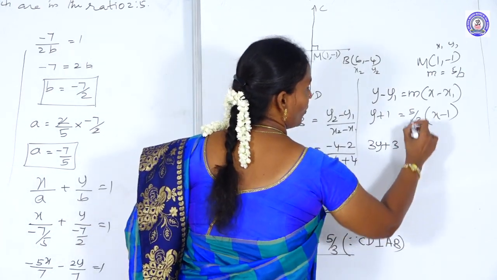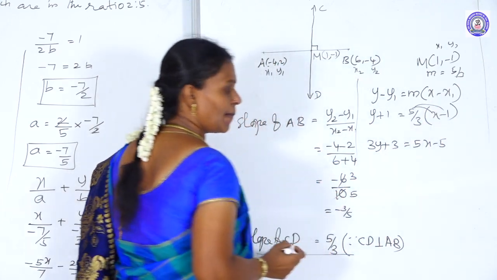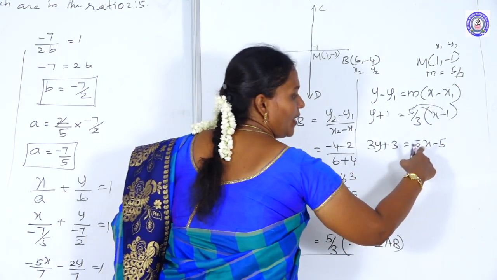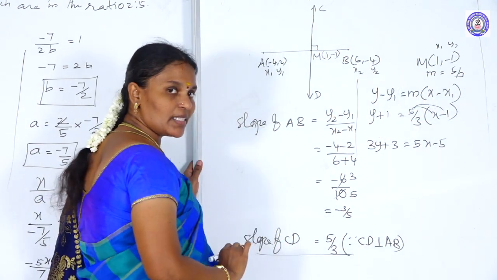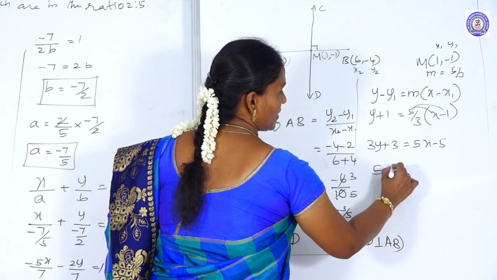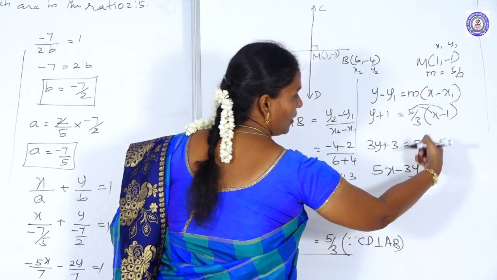This is equal to 5x minus 5. Now here the x is already positive, so bring the left side terms to the right side. So 5x minus 3y, and already minus 5.